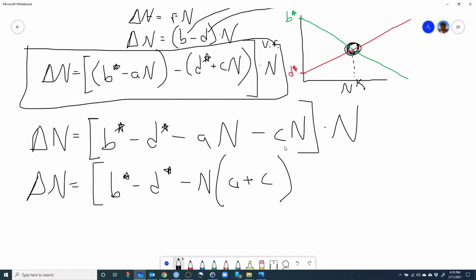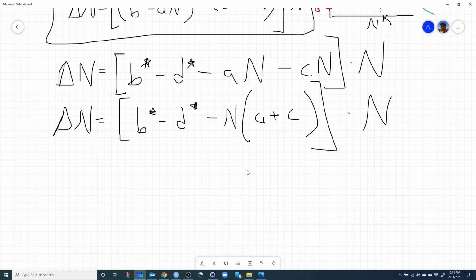All right. So we just factored that n out and then multiply that by n. Hopefully that made sense. So this is the same thing. So minus n times, in parenthesis, a plus c is just minus an minus cn. All right. So let's move on.